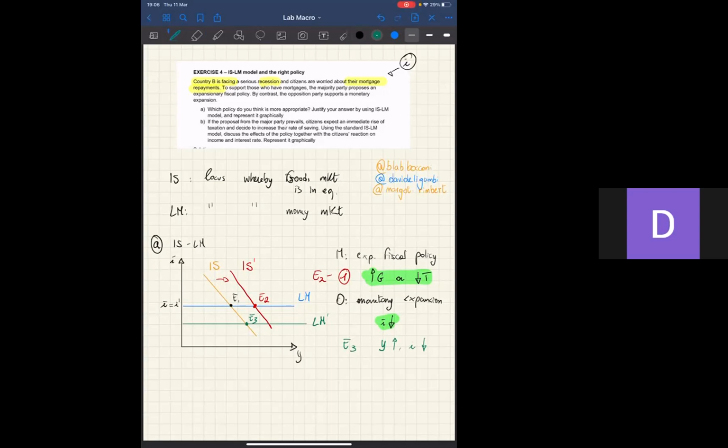And just as a side note, as I've mentioned before, here in E2, I has stayed fixed, but Y has increased. So in order to keep I the same as before, what the central bank has done is accommodate the money supply, and therefore it has increased it.